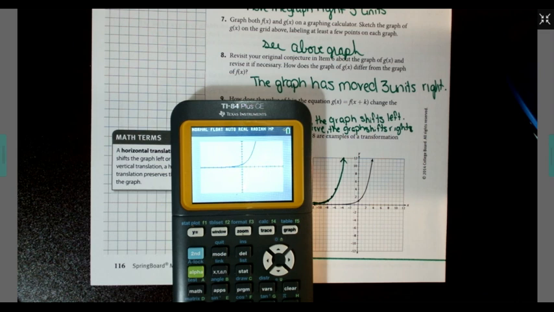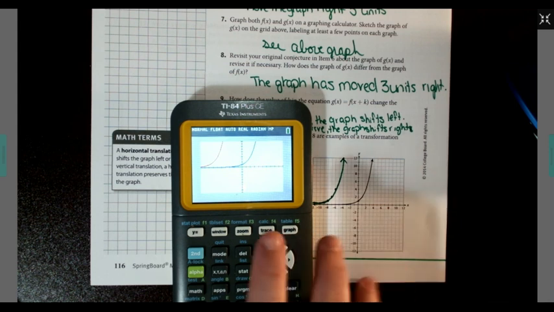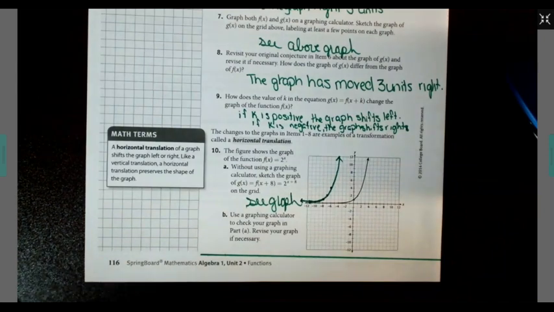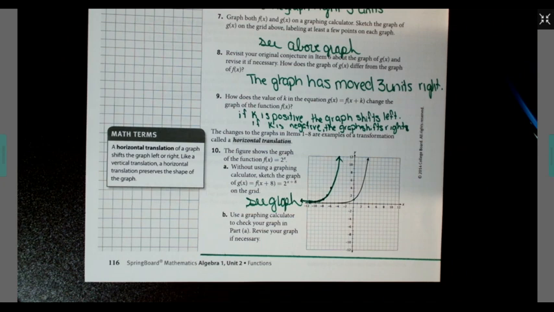First graph is the original. This graph that's coming in now, which is shifted over to the left, is the new graph. And if I went and graphed those points and traced them, it is 8 units. So no revision was necessary.